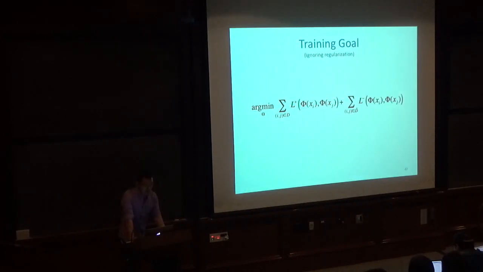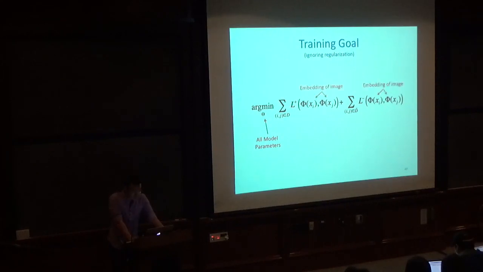Okay, so what's the training objective? We want to learn, so theta are all the parameters of the model, neural net weights, and anything else that you might want to learn. This is a minimization problem over all of them. We want to learn an embedding of an image. So each X is an image, such that they belong to two pairs, compatible pairs.